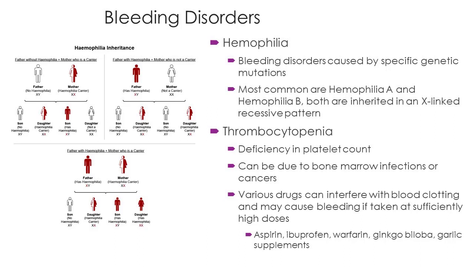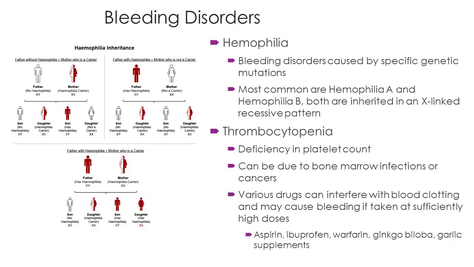So it's a 50-50 shot from mom. But look, none of the female offspring have hemophilia because they're getting one good X from the dad. You know that they had to get that from dad, right? Because if they got the Y from dad, they would be a boy.